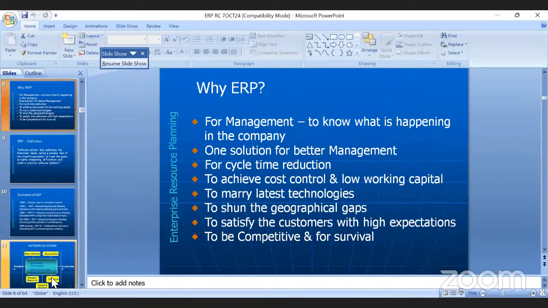How do you develop a plan for them? All this can happen with technology. Now today it is happening over applications. So the geographical areas covered and the latest technologies have become the issues where one technology solution is needed for better management to satisfy customers with high expectations.